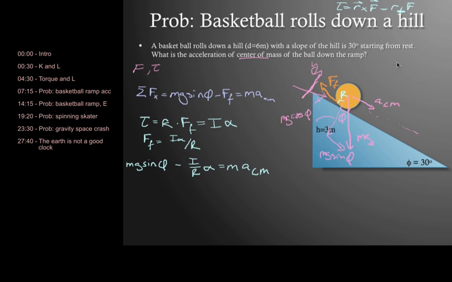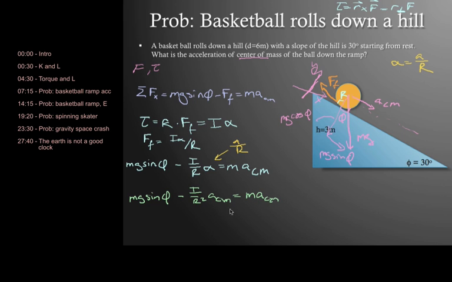Now we can use another property, which is that alpha is equal to A over R. So we're going to stick that into here. So this is really A over R. So what this tells me is that this is really mg sine phi minus I over R squared times A, that's my acceleration of my center of mass, equals m A_CM.